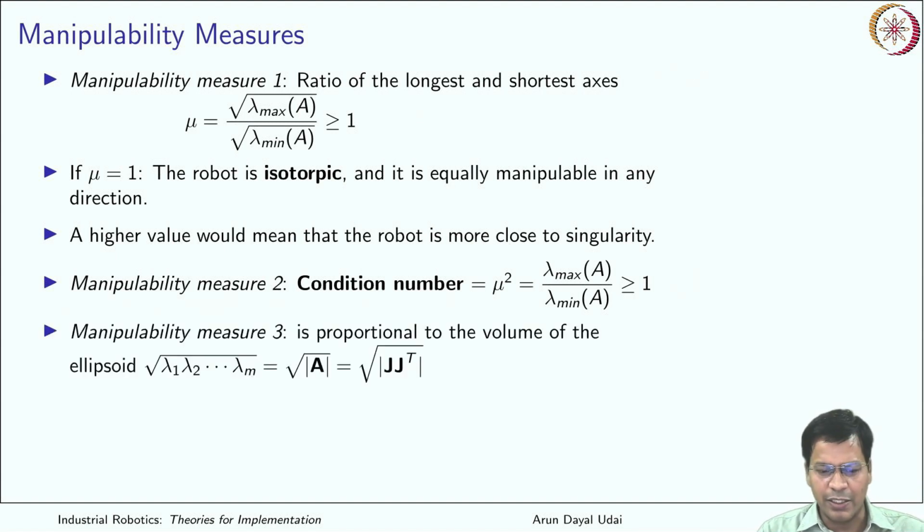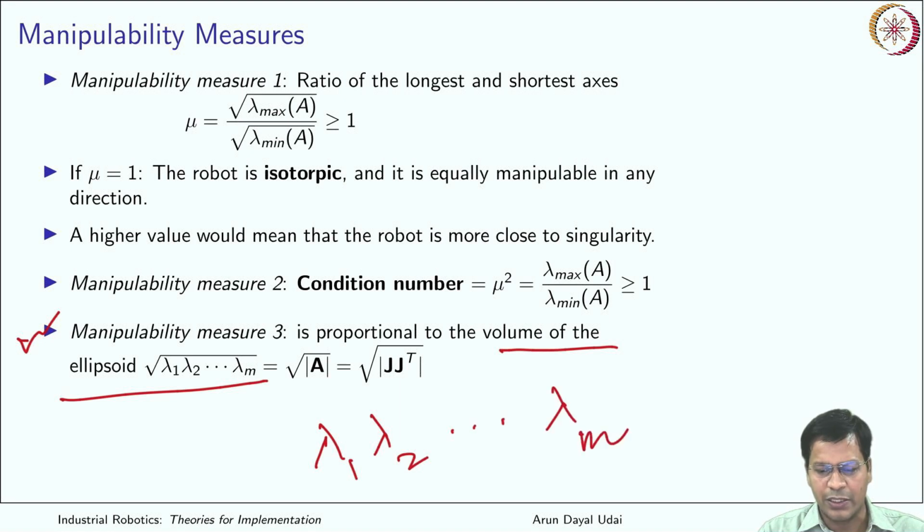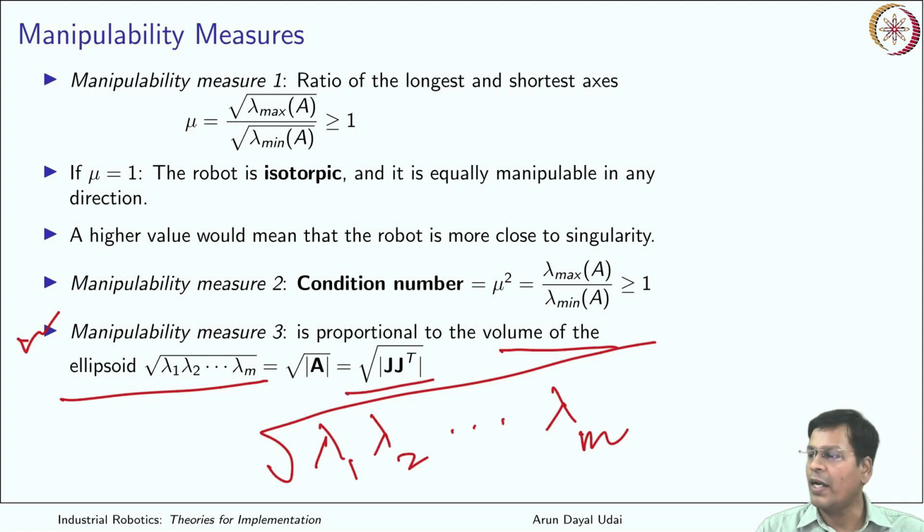Yes, there is another very good measure, that is proportional to the volume of the ellipsoid. If you remember, the volume of the ellipsoid is given by the product of all the lambdas, lambda 1, lambda 2 and so on. If you take the square root of that, what you get is nothing but the volume of the ellipsoid.